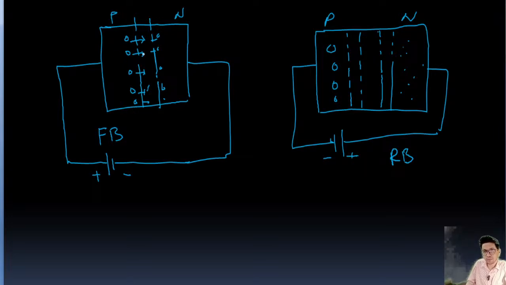In forward bias, the width of the depletion layer will decrease, and current will flow because of majority charge carriers. In reverse bias, there will be very little current, because of minority charge carriers.